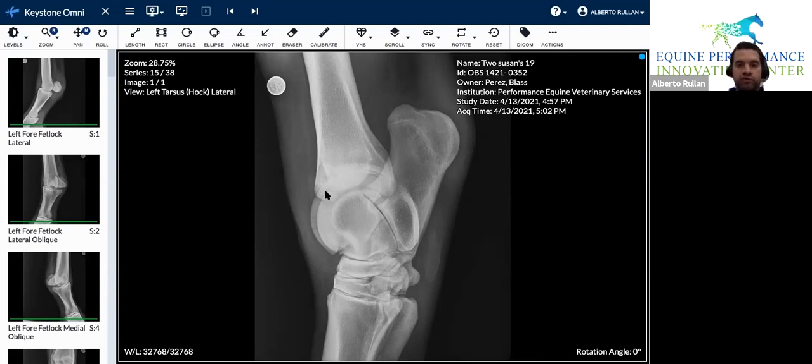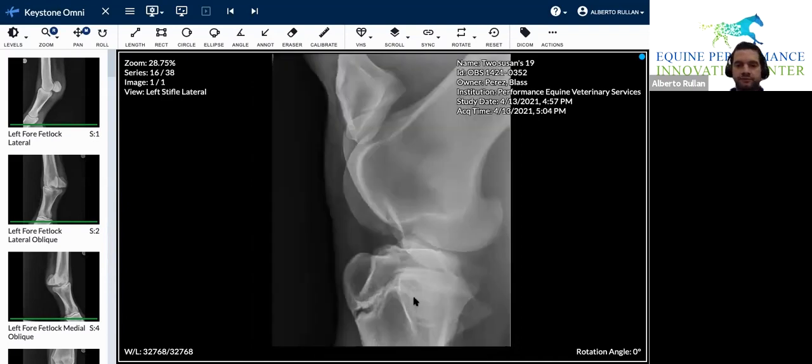Now here, the two trochlear ridges should be superimposed upon each other, ideally. Sometimes you're going to see small fragments here from the medial trochlear ridge. Small OCD fragments are perfectly normal, nothing wrong with that. Proximal intertarsal joint, distal intertarsal joint, tarsometatarsal joint, lateral splint bone.